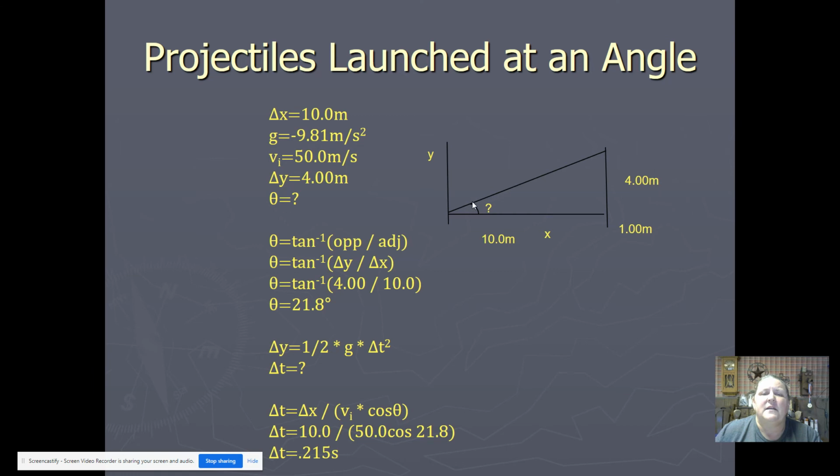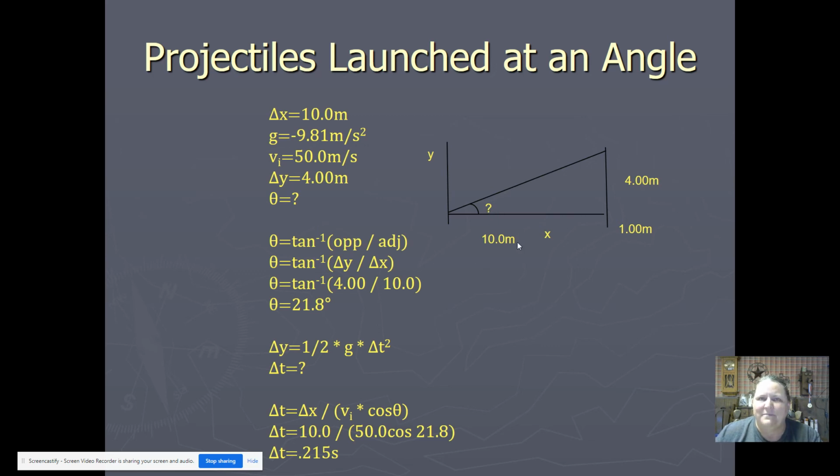So we need to find this angle. Okay, so you know opposite is 4. You know adjacent is 10. Okay, 4 and 10. You can do the inverse tangent. Just plug and play. Opposite over adjacent. So 4 divided by 10, inverse tangent. So this angle right here is 21.8.